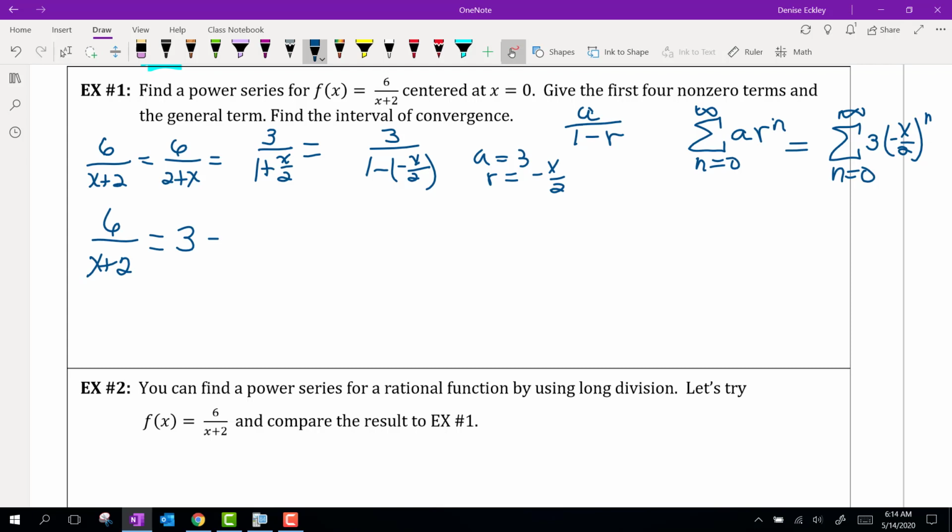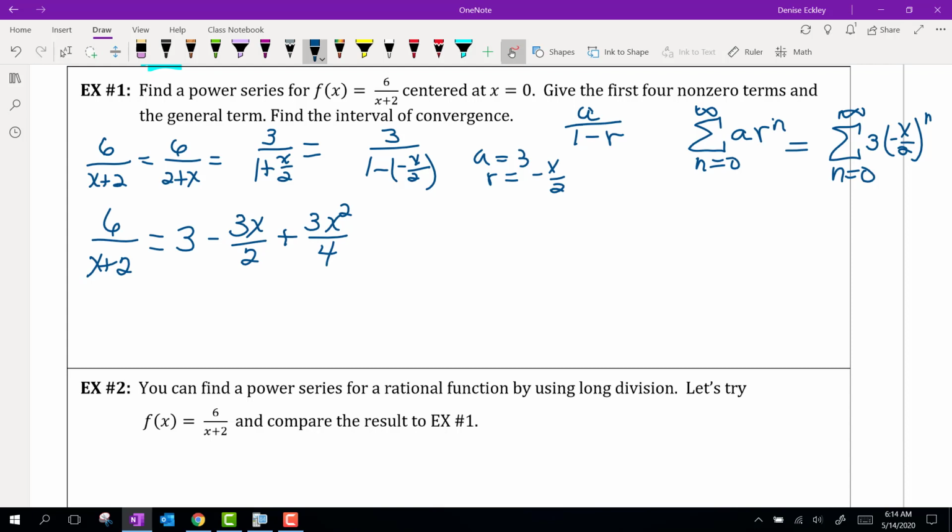So when I put 1 in for n, I'm going to have minus 3x over 2. And then when I put 2 in, I'm going to have the 3, and that minus is going to get squared. x is squared, and then the 2 gets squared.